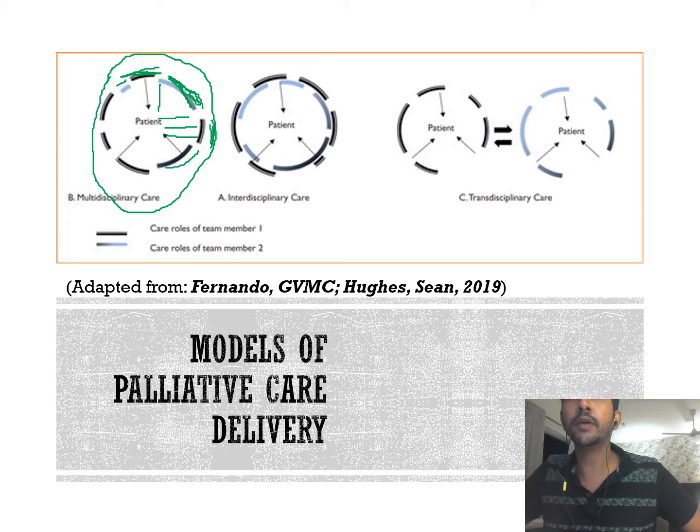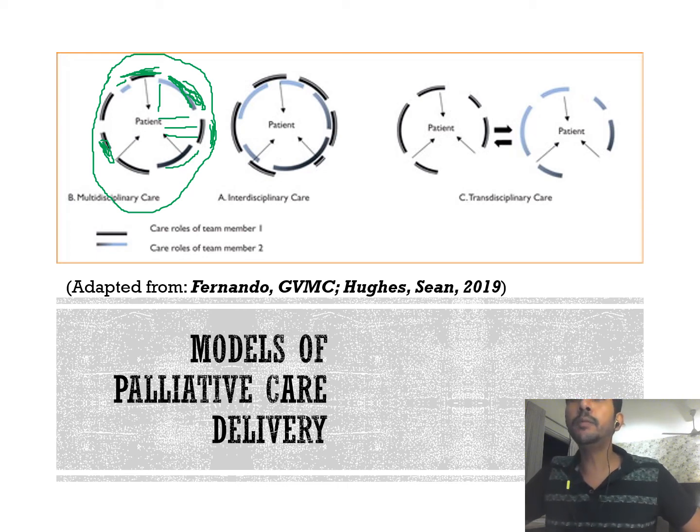It is very clearly defined. So in that instance, there can be slight care gaps as well. Because if it is a team that only comprises a physician, a nurse, and a physiotherapist, they only have very defined roles, and there is no spiritual caregiver, so that aspect of care will be neglected in this model of care.